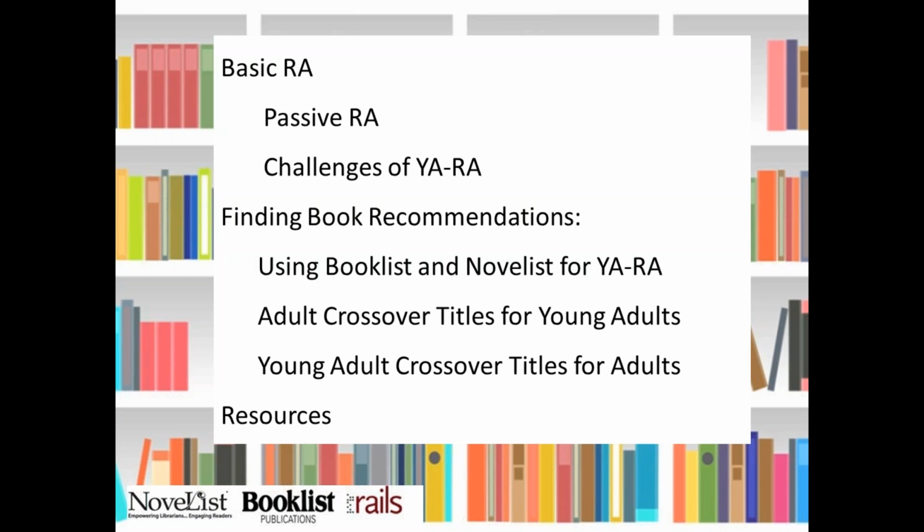The next section is talking about adult crossover titles that are good for young adults and young adult crossover titles that are good for adults. Then we'll wrap up with some resources: some professional reading books and some blogs to take a look at. So that's how we're going to smooth out this program today.